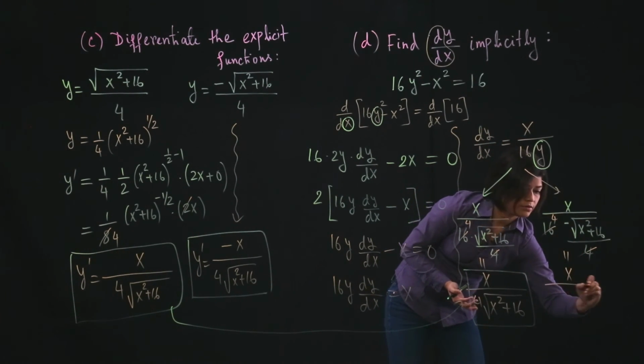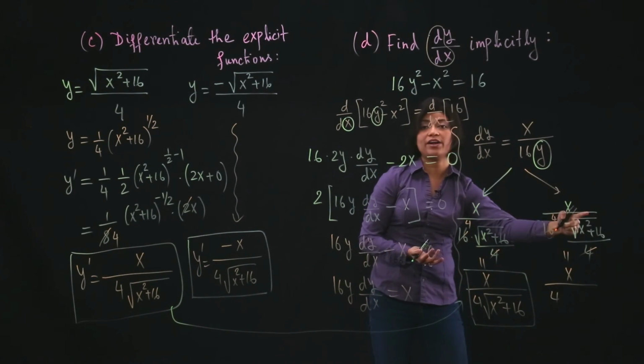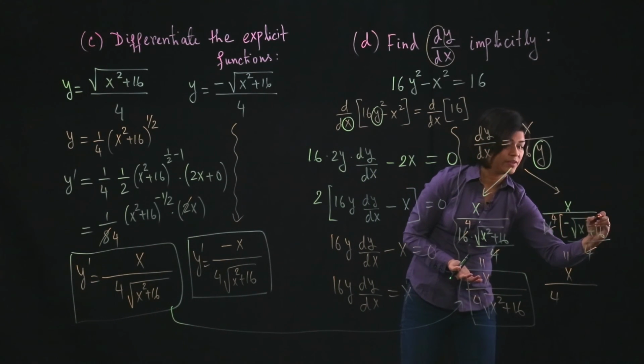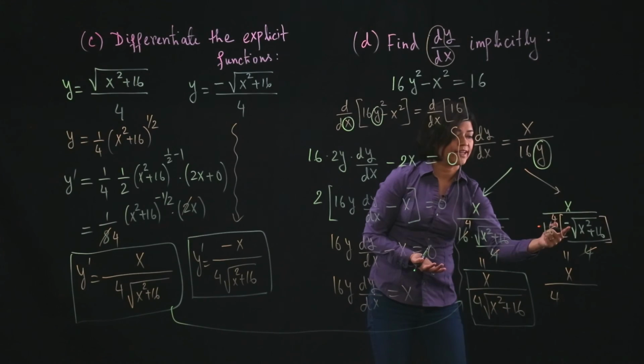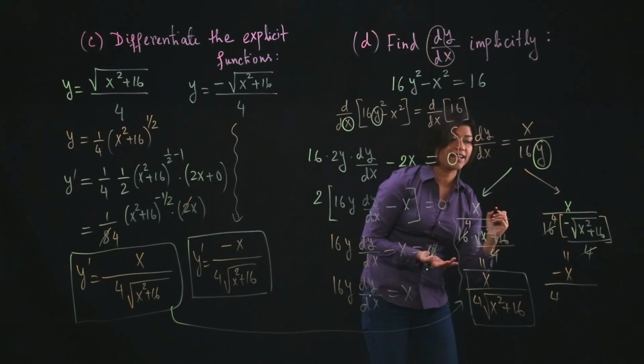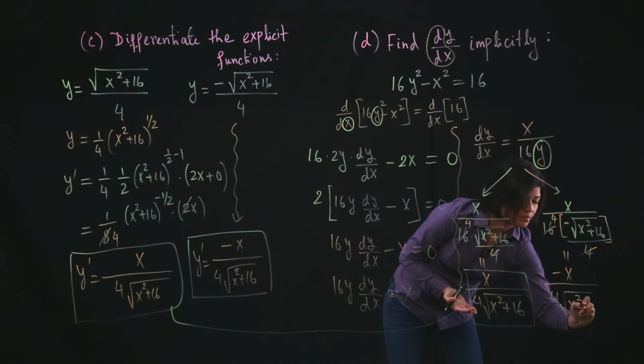And you will have x over 4. Okay, this negative sign in front of the square root doesn't matter where the negative sign is. Remember, this is multiplied, so that negative sign can be brought into the numerator as well. So you can make it negative x divided by 4 square root of x squared plus 16.